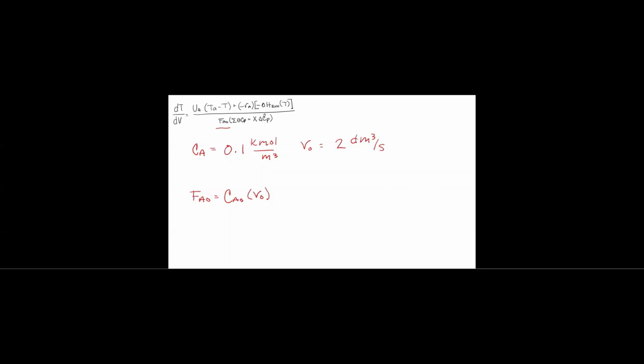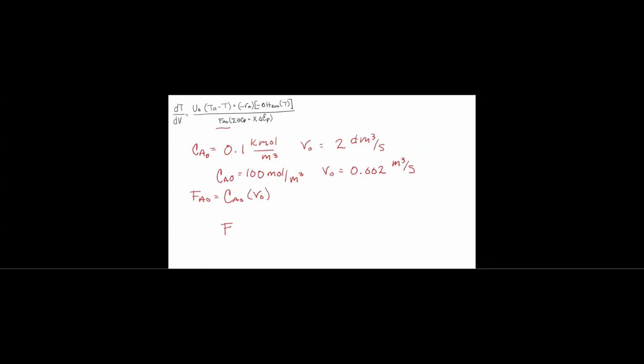So our initial concentration. Sorry, I forgot my O here. Our initial concentration becomes 100 moles per meter cubed. And our volumetric flow rate becomes 0.002 meters cubed per second.